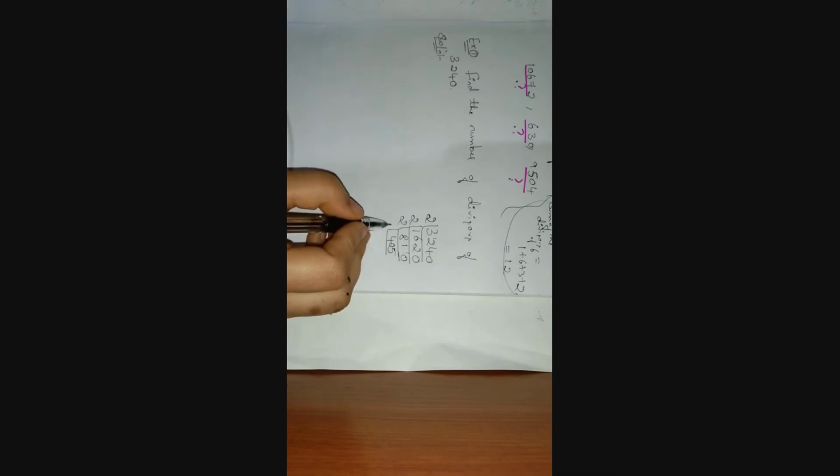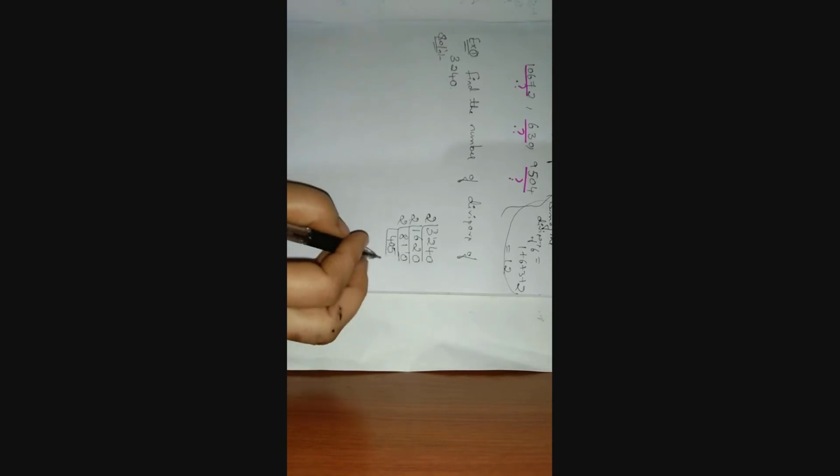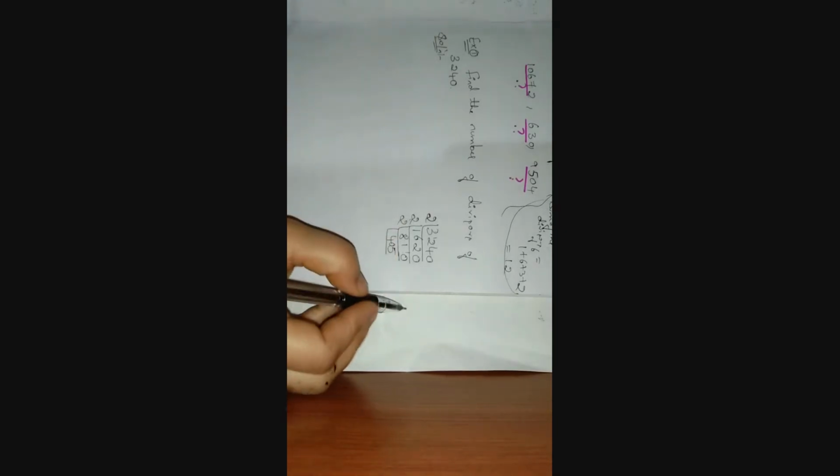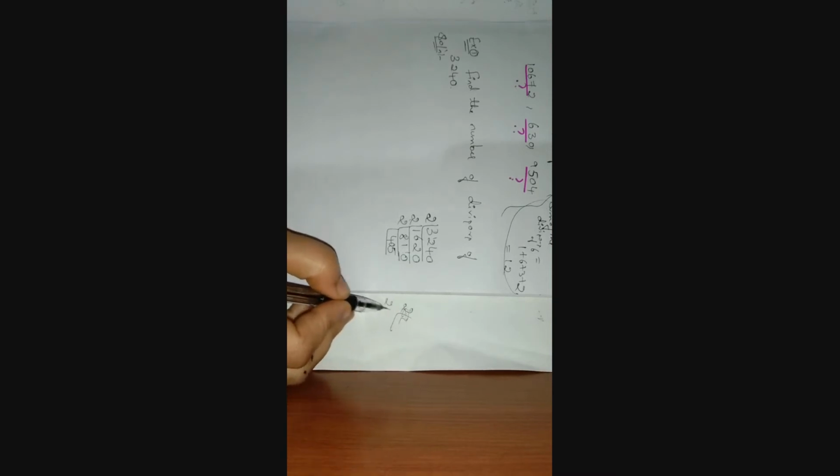Okay, 2 2s are 4, I'll write it here over here something like this, it is there. Okay, 2 2s are 4, 2 20s are 40, and 2 5 is there, so it is not possible with the 2.